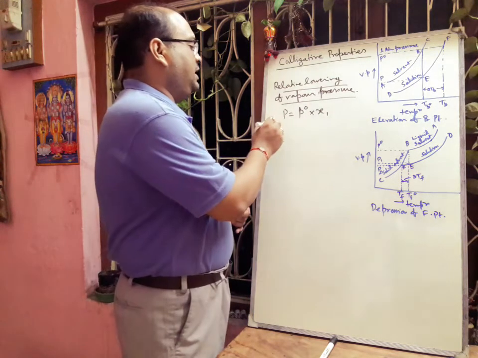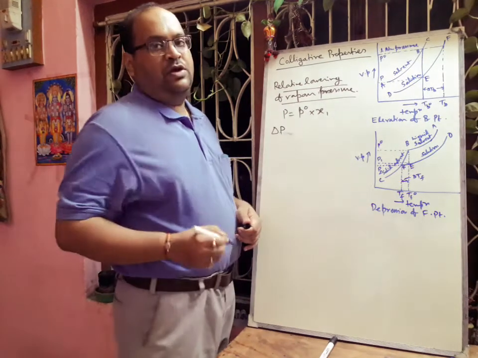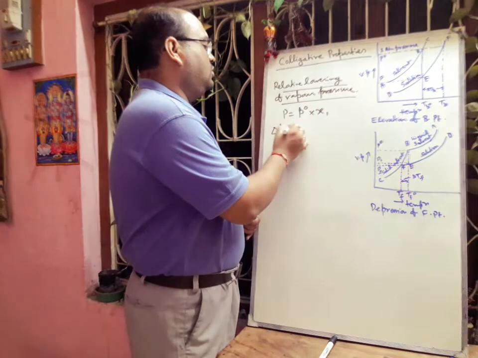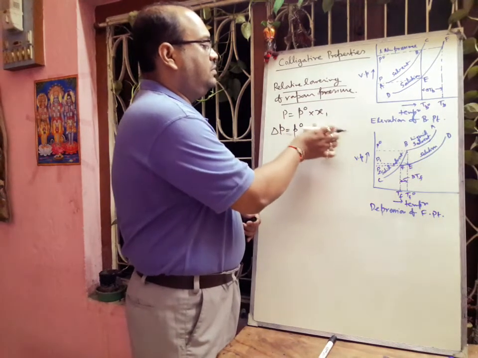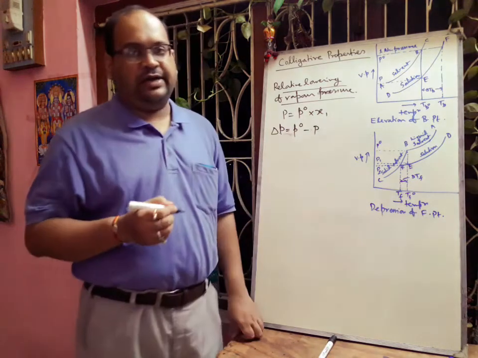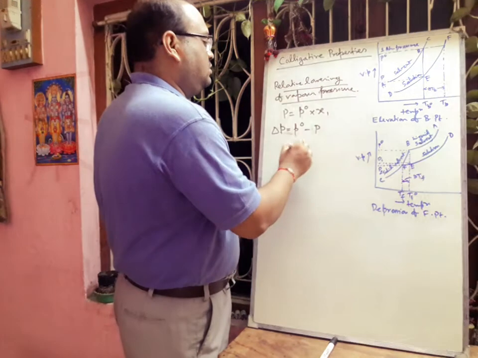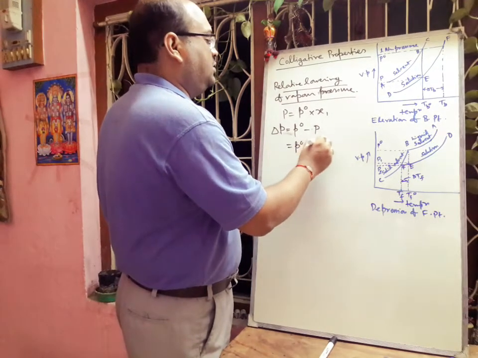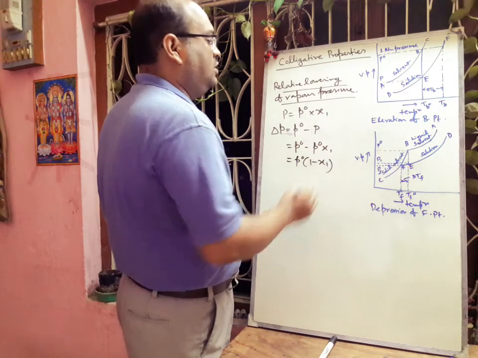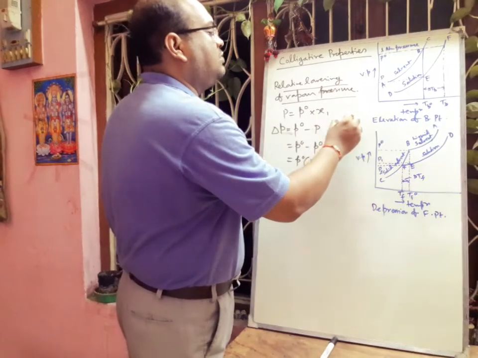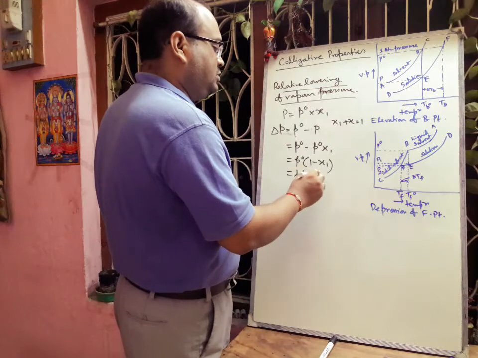Lowering of vapor pressure will be delta P, which will be equal to P0 minus P. Now we know that P is equal to P0 into X1. So if we take P0 common, we get 1 minus X1, and we know that the mole fraction X1 plus X2 is equal to 1. So from here we can write that it is P0 into X2.